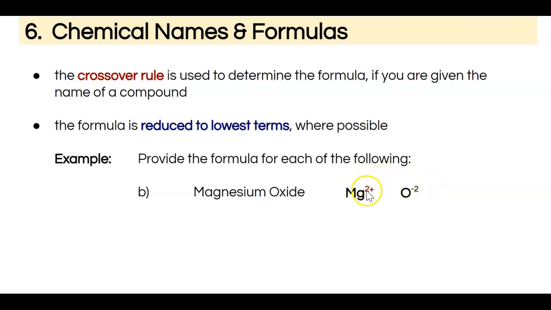Then I take those charges and simply cross them down. But now I see that the ratio is 2 to 2. And a ratio of 2 to 2 is the same as a ratio of 1 to 1. So I'm going to change those to 1 and 1, and because they're 1s, I'm just going to eliminate them, because MgO is understood to mean Mg1O1.